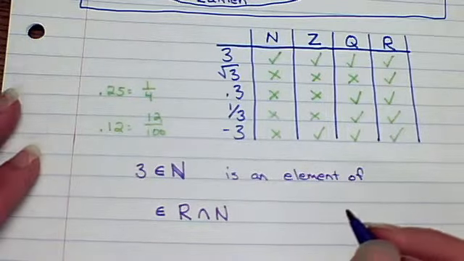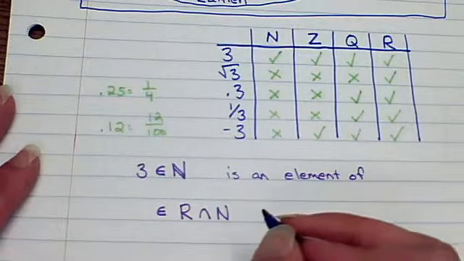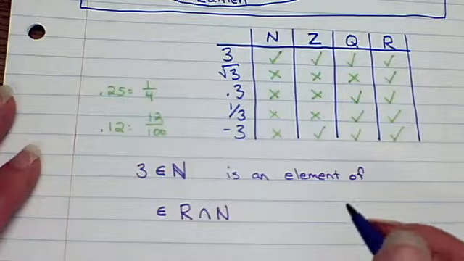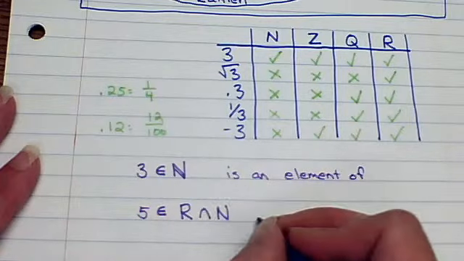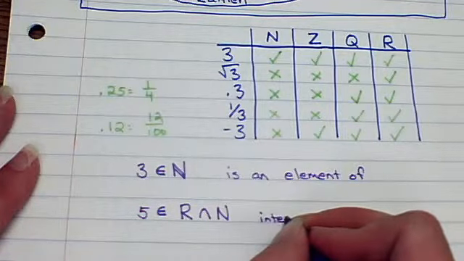So something that's both real and natural number. Well, that's kind of silly because all the natural numbers are in there, right? Any of them would work, but it's got to be a natural number. This little symbol means intersection.